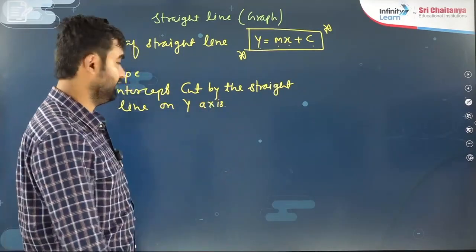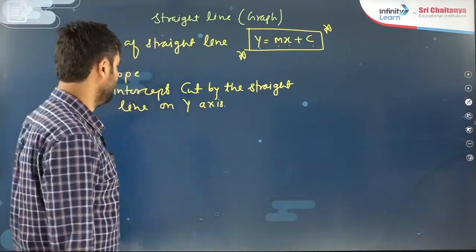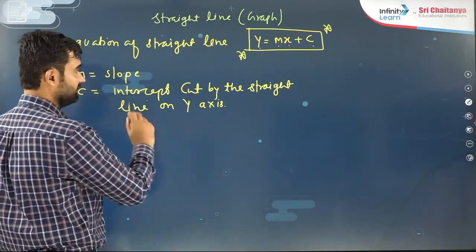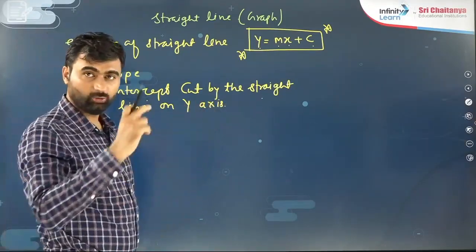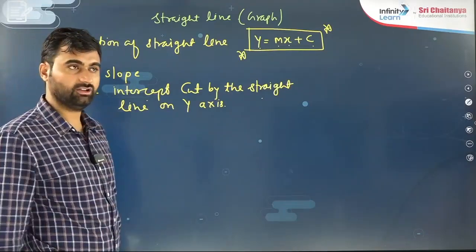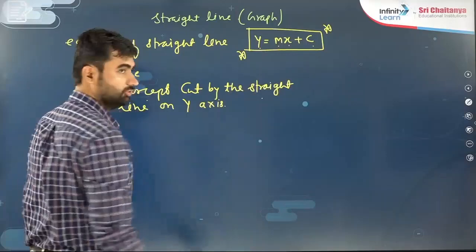What is C? Intercept cut by the straight line on y-axis. So the line will cut the y-axis. How much distance it is cutting? That is the value of C. Understood? Okay. So we understood m and c both.